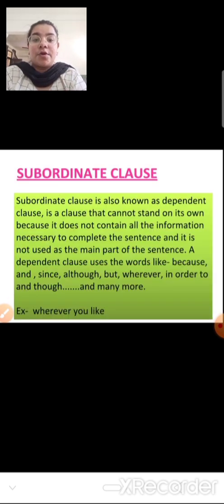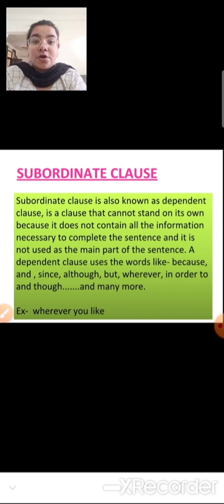Now let us move on to the second part of clauses, that is the subordinate clause or dependent clause. What is a subordinate clause? A subordinate clause is also known as a dependent clause. It is a clause that cannot stand on its own because it does not contain all the information necessary to complete the sentence, and it is not used as the main part of the sentence.